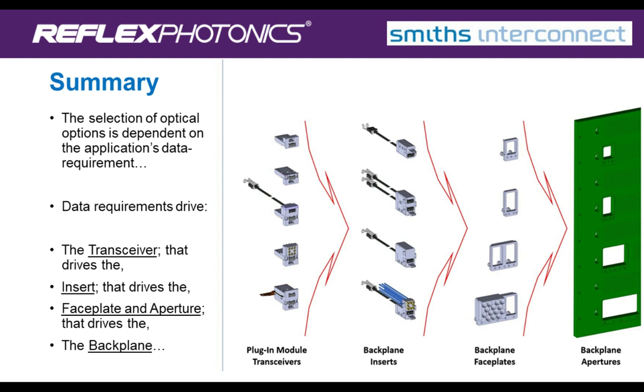That then drives the types of inserts that you would need to mate to the particular types of transceivers. Those inserts would then have to fit into faceplates that would be mounted in the backplane apertures. That is a very high-level view, but that's basically the way these pieces will come together, from application all the way to specifying what you need from a company like Elma.